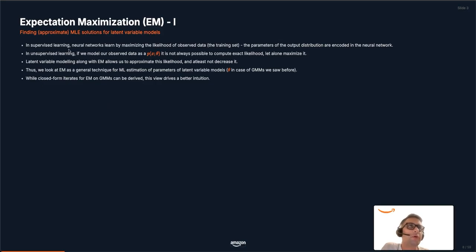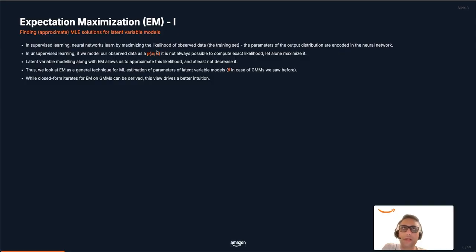In supervised learning, I'm just summarizing it in one sentence, what we do is we maximize the likelihood of observed data. Observed data is the training set in our case, and the parameters of the output distribution are encoded in the neural network.